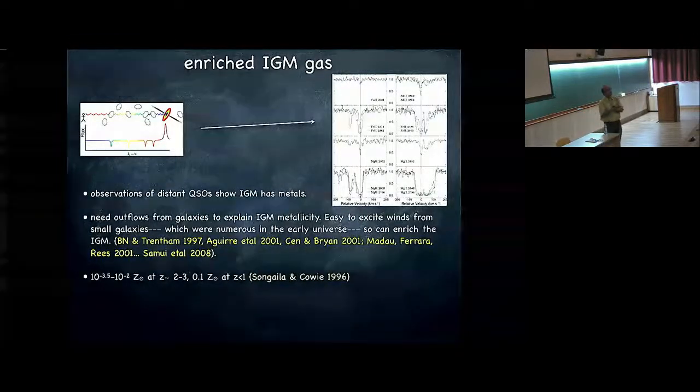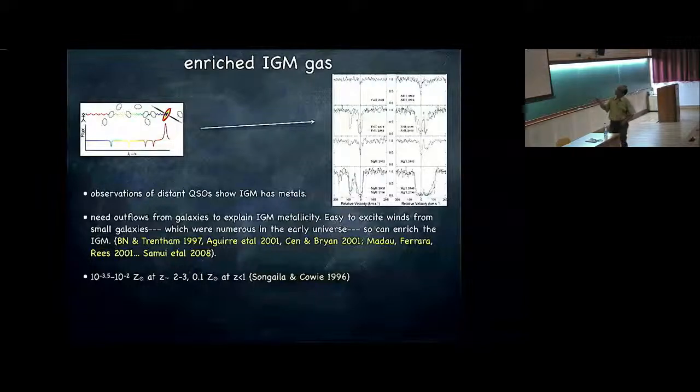There are metals that are known from absorption studies. It has been known for a long time that one can explain the enrichment of the intergalactic medium from winds of galaxies, especially low mass, small galaxies, which have shallow gravitational potential, so it's easy to excite winds, and they were numerous in the early universe.